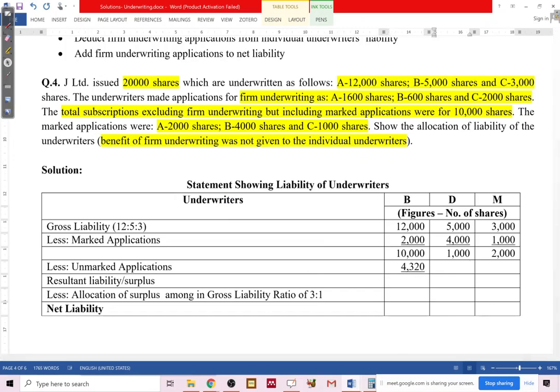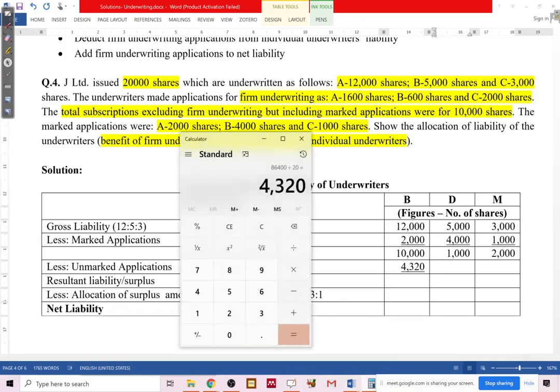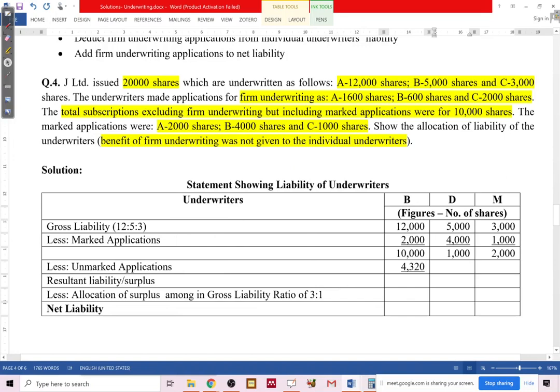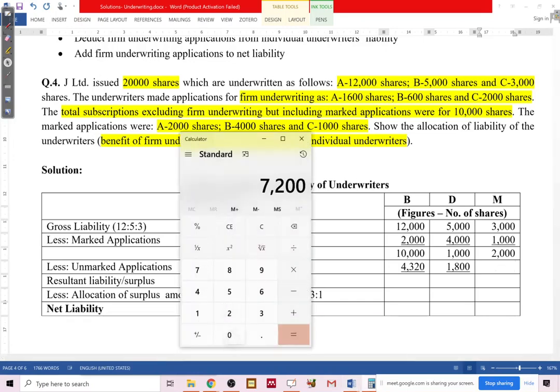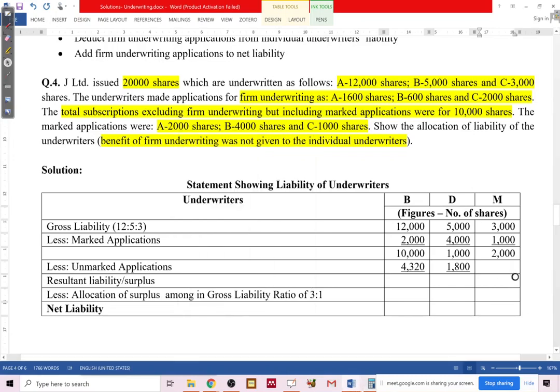Next one, you have again 7,200. We have to give it to the second person, 5 divided by 20. This amount is 1,800. And lastly, 7,200 multiplied by 3 by 20, which is 1,080.